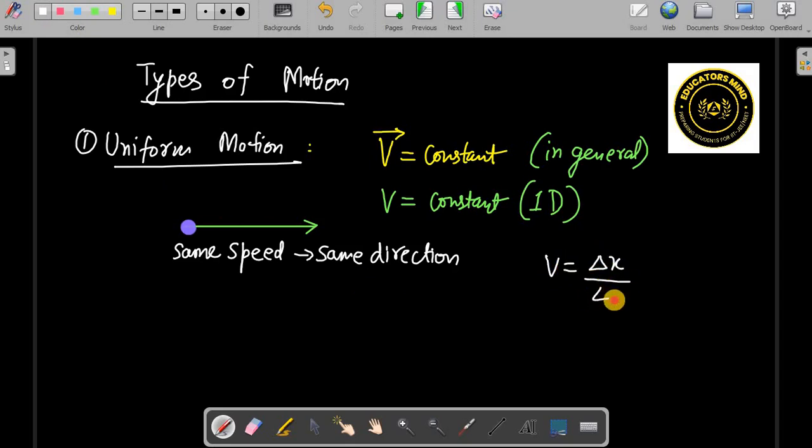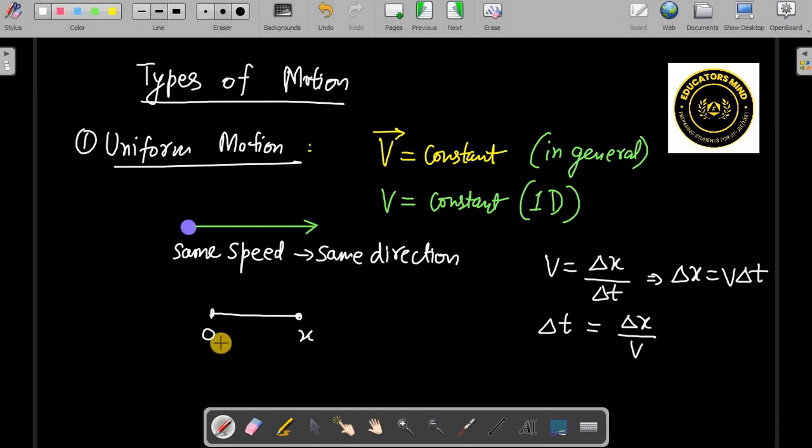So if this body is going in this direction, we can simply say that velocity is equal to displacement by time. To calculate displacement, it is velocity into time, and to calculate time, it is displacement by velocity. Sometimes we take the initial position as origin, so the position itself is the displacement.